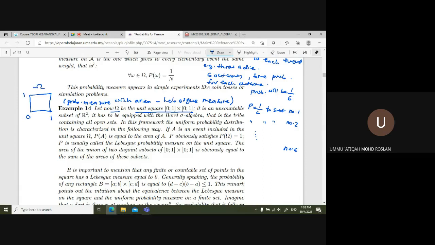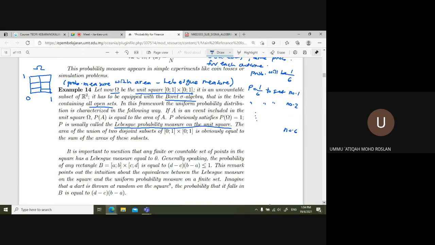So this is our omega, and it has to be equipped with a Borel sigma algebra, meaning that it contains all the open sets. What it tells you here is the probability measure on the unit square.